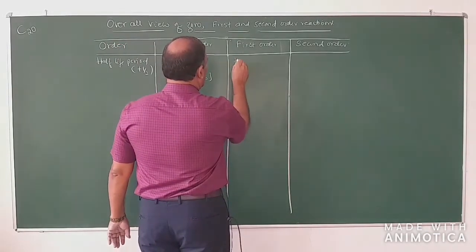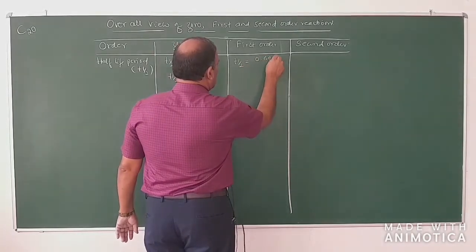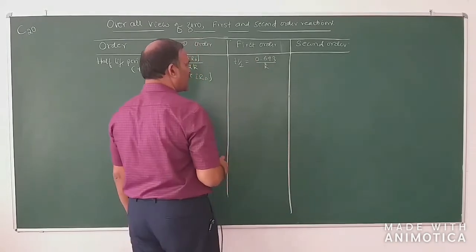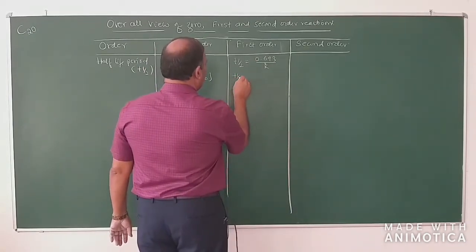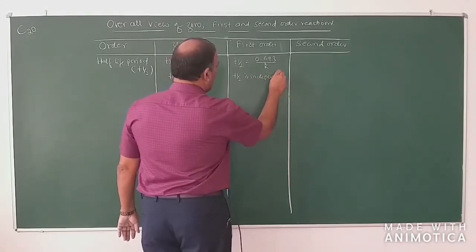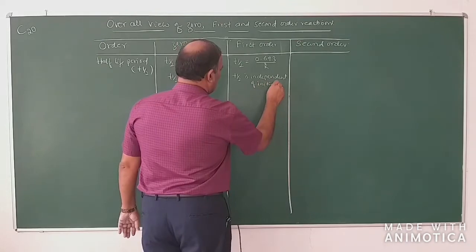So for first order reaction, t1/2 equals 0.693 divided by K. What is K here? It is the rate constant, so t1/2 is independent of initial concentration.